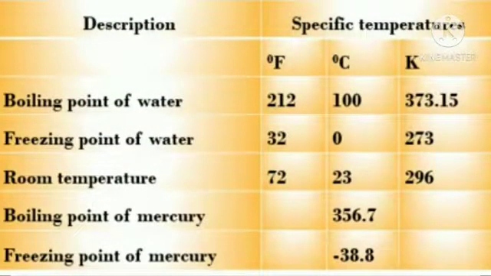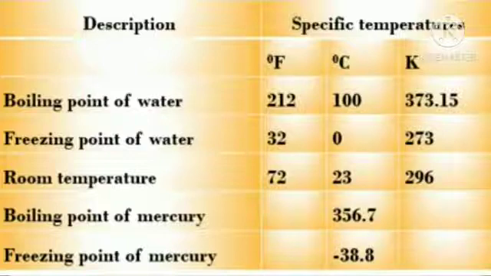In this table, descriptions and specific temperatures are given in Fahrenheit, Celsius and Kelvin. First one, boiling point of water. It is 212 Fahrenheit, 100 degree Celsius and 373.15 Kelvin.